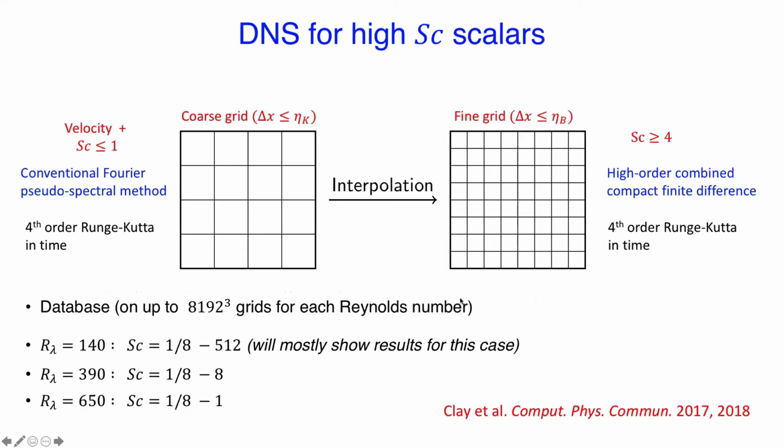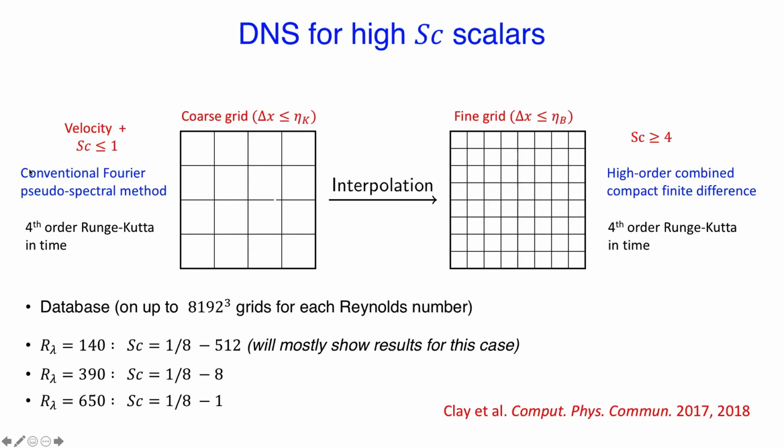So as I had mentioned, the DNS of these high Schmidt number scalars is extremely expensive because you have to resolve much finer scales than even Kolmogorov. So what we do is a setup of this kind where we take a coarse grid and resolve less than or equal to Kolmogorov for the velocity field.